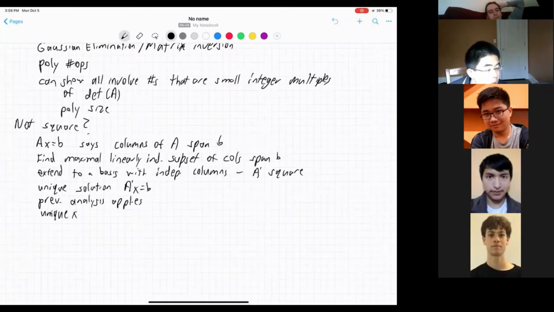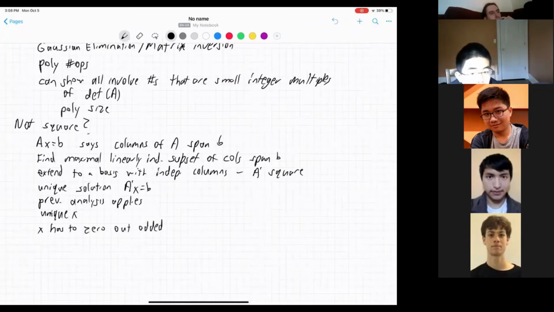How do we know if there's a solution to AX equals B? Well, if there is a solution, it has to be this one. And so X has to zero out the added basis columns. When I add these basis columns to A to form A prime, I'm creating more degrees of freedom for choosing X. But even though I've added all of these degrees of freedom, the previous argument says there's only a unique solution.